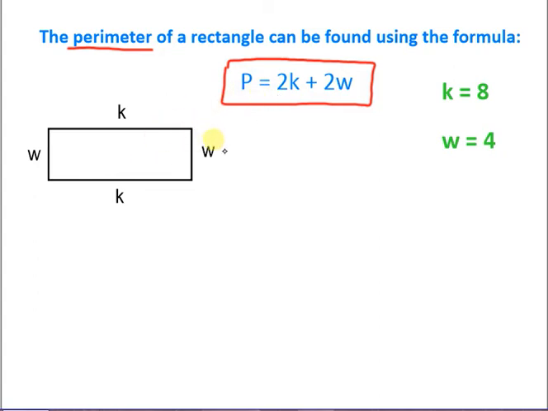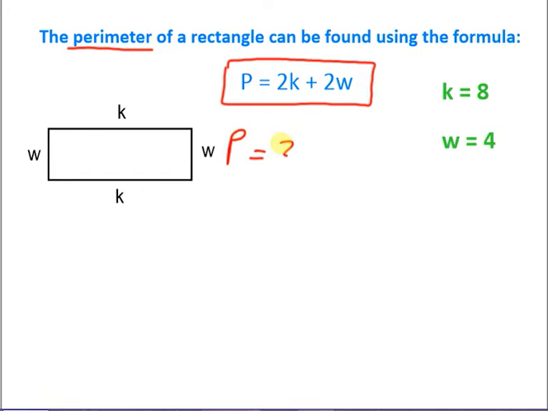So if the picture confuses you, don't worry about it. But if it helps you visualize the formula, then that's awesome too. Now, we have something for K and we have something for W. We don't have anything for P because we're trying to figure out what P is. At the end, we're going to get the answer P equals something because P is perimeter. So perimeter equals something.